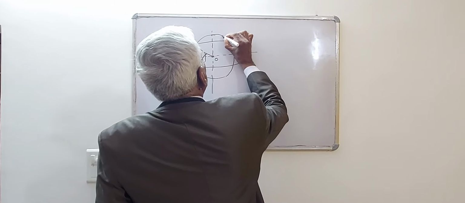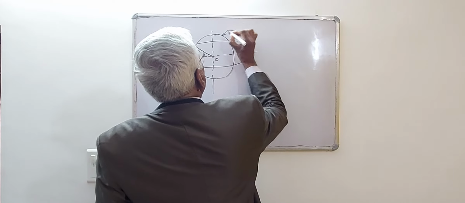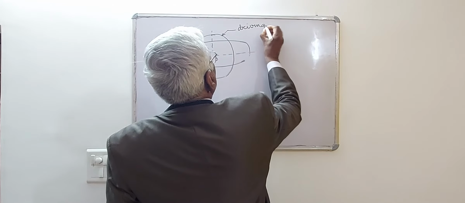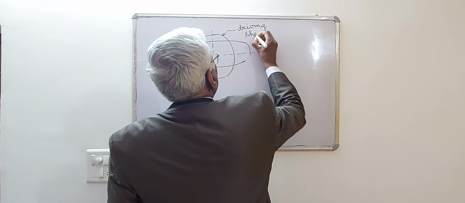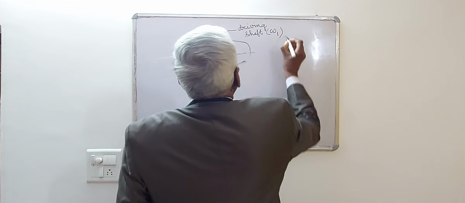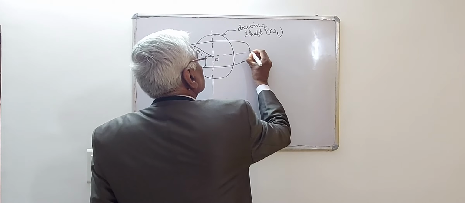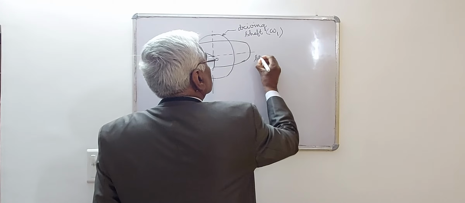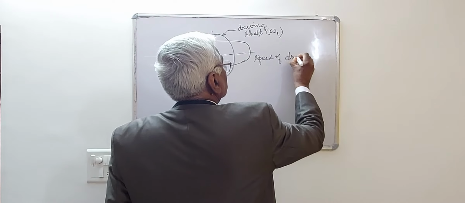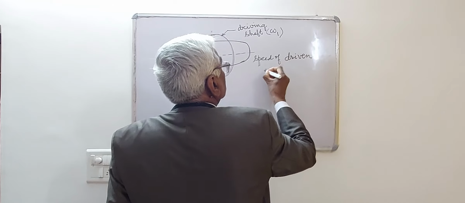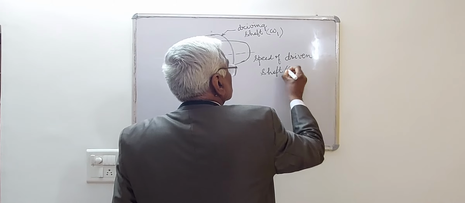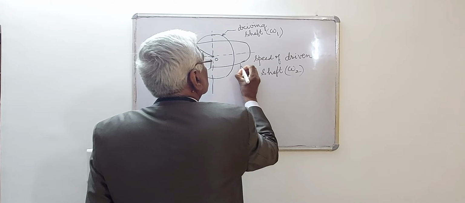The speed of the driving shaft, that is omega 1. And this is the speed of the driven shaft, that is omega 2.